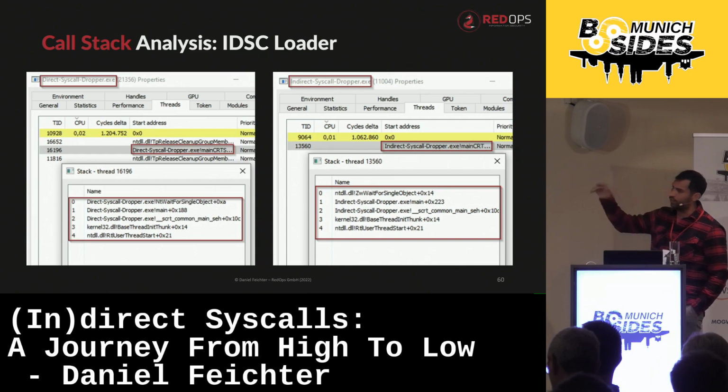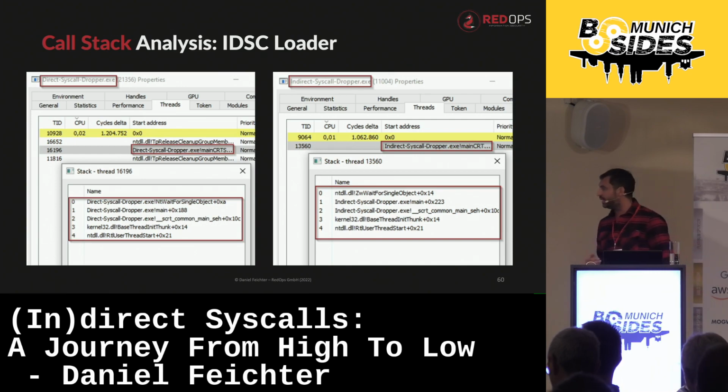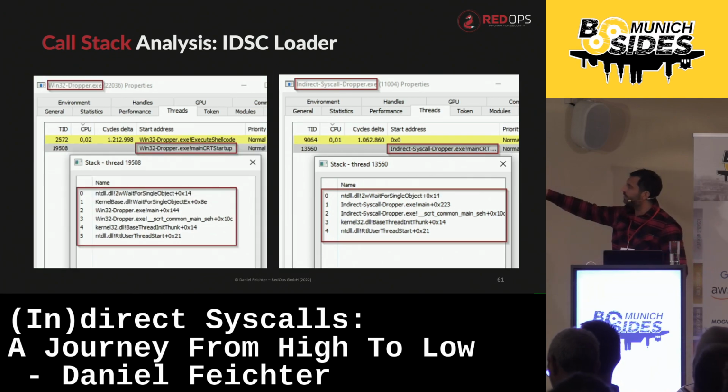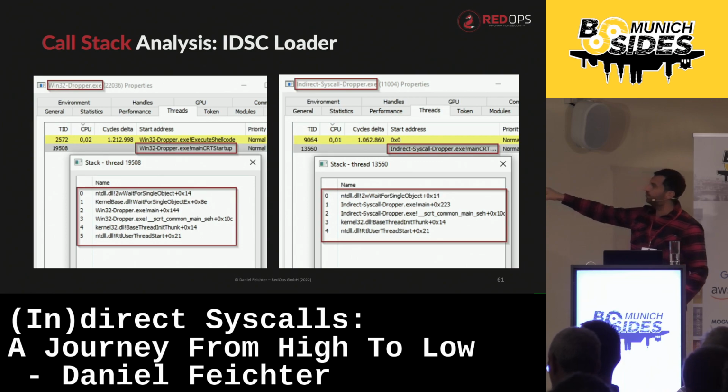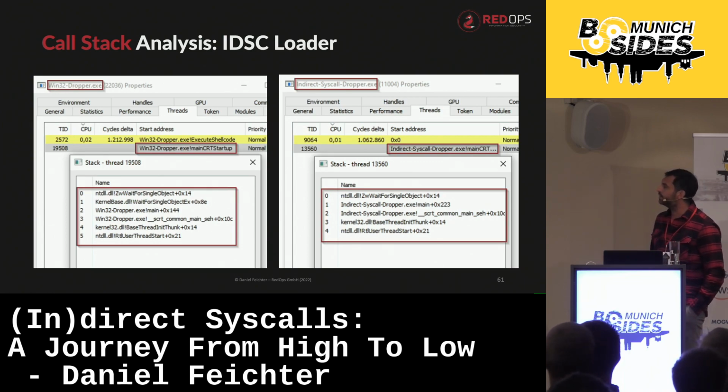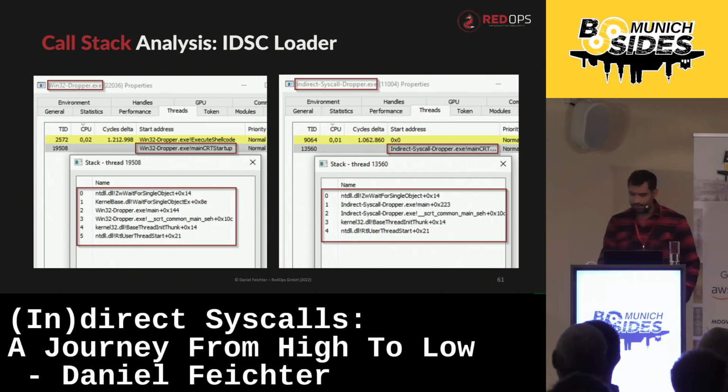Instead, we jump to NTDLL as it should be, and then execute it in this memory. So also when we compare the indirect syscall loader on the right side with the Windows 32 API loader on the left side, we see that the indirect syscall loader has a very high level of legitimacy, I would say.